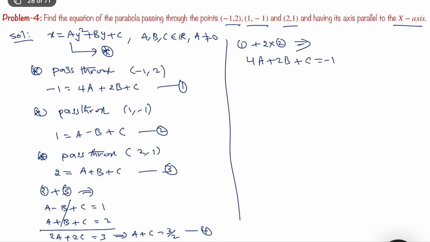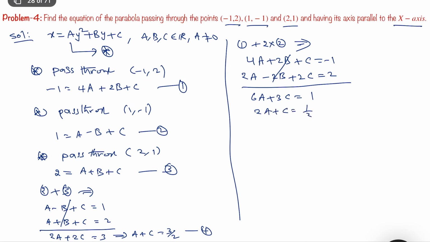Now let me write 2 times equation 2, that's going to be 2a minus 2b plus 2c equal to 2. As we are adding, these two get cancelled. So we have 6a plus 3c equal to 1. Now that should give you 2a plus c equal to 1 by 3. Let me call it 5.